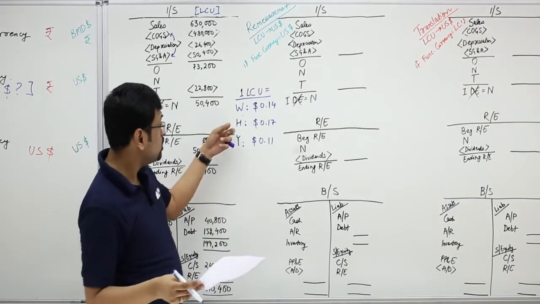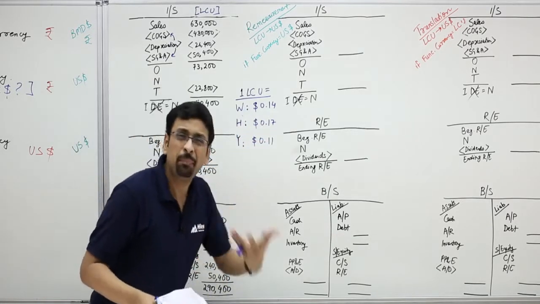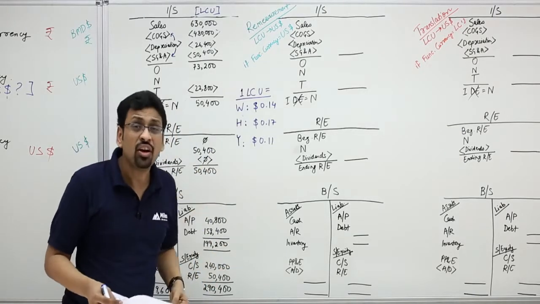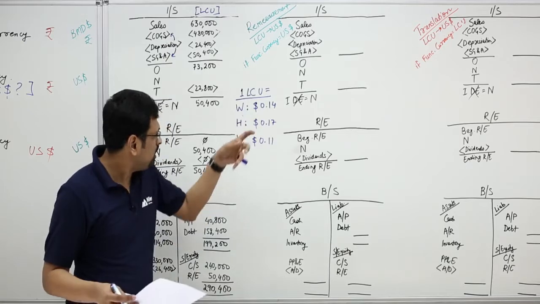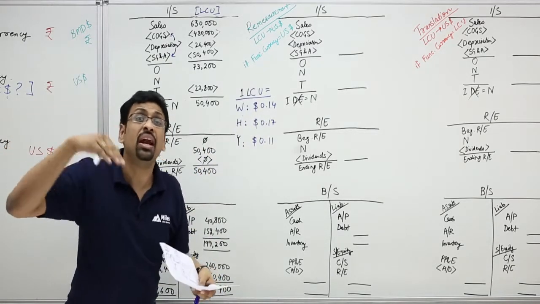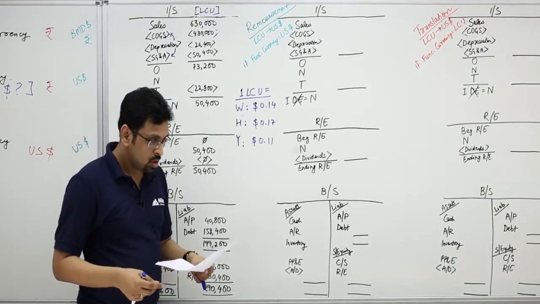Yes, historically, the local currency unit was equal to 17 cents. Then it depreciated. During the year, it was just 14 cents. End of year, it was just 11 cents. So this trend looks like the local currency unit has been depreciating when compared to the US dollar.